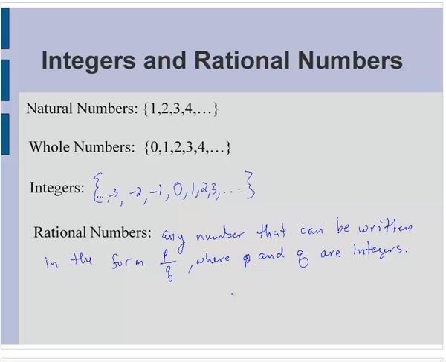These numbers are known as the rational numbers. So that's just the definition. And now we're going to show some examples of rational numbers and how we can determine if a number is rational.